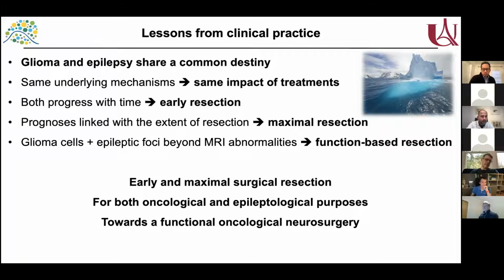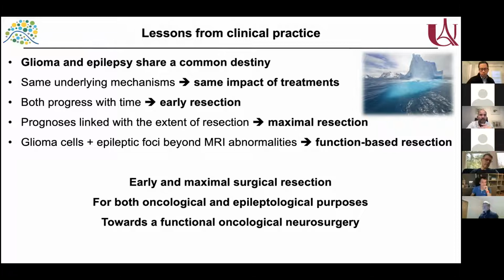And because glioma cells and epileptogenic foci are located beyond MRI-defined abnormalities, it asks for a maximal function-based resection. Very basically, in front of a diffuse low-grade glioma presenting with epileptic seizures, you have the same unique goal, which is the early and maximal function-based resection for both oncological and epileptological purposes.